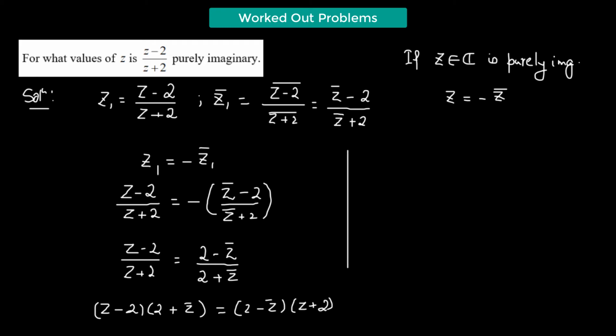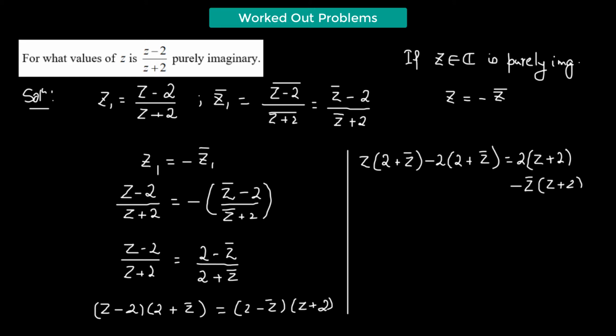So we'll have z multiplied by (2 + z bar) minus 2 multiplied by (2 + z bar), and this value is equal to 2 multiplied by (z + 2) minus z bar multiplied by (z + 2).